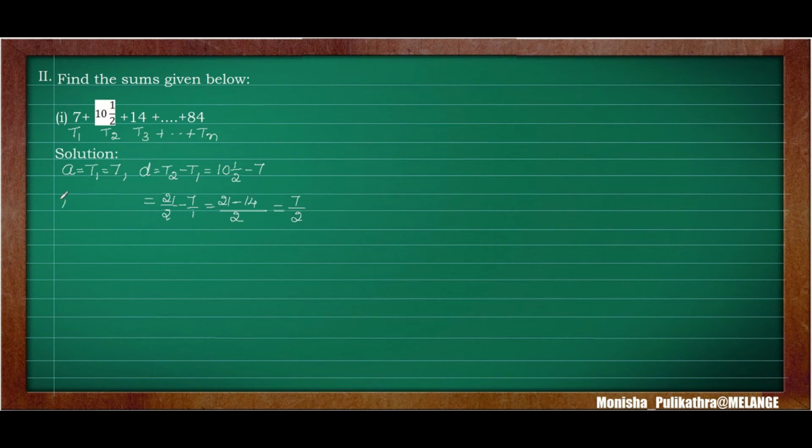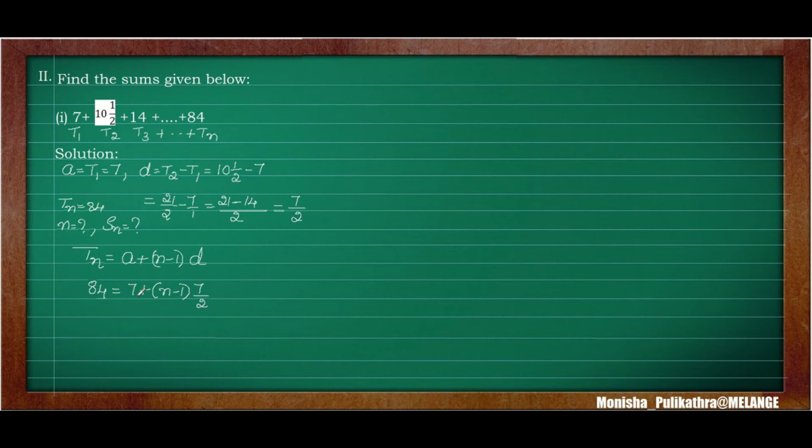And Tn is given here. Tn is equal to 84. First we need to find out n, and also we need to find out Sn. So first we need to apply the Tn formula. Tn formula is Tn is equal to A plus n minus 1 into D. Here Tn is 84 is equal to A is 7 plus n minus 1, n we need to find out, into D is 7 by 2.